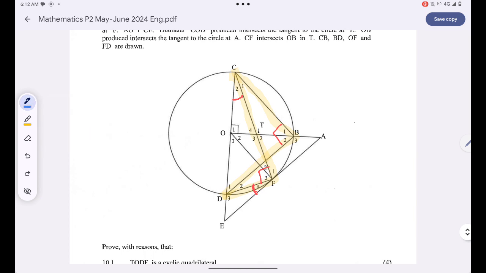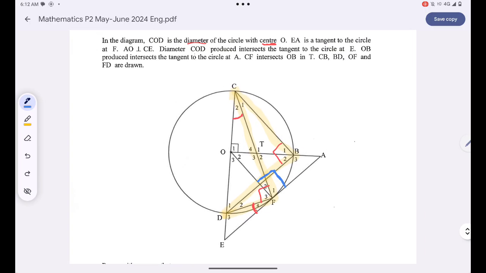As well as the relationship between the radius and the tangent. According to the tangent radius theorem, OF, which is my radius, will be perpendicular to EA, which is my tangent. Okay, now let's continue reading.